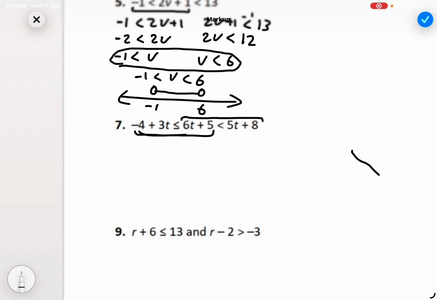Move the 4 to the side, and move the 6 to the side. 3t minus 6t is negative 3t, less than or equal to 5 plus 4, which is 9. Now, to flip the sign, we do greater than or equal to, because we are dividing by a negative number, and 9 divided by negative 3 is negative 3.